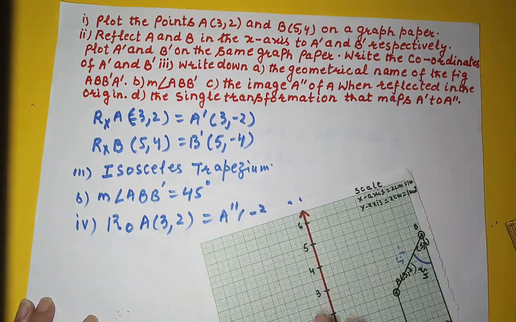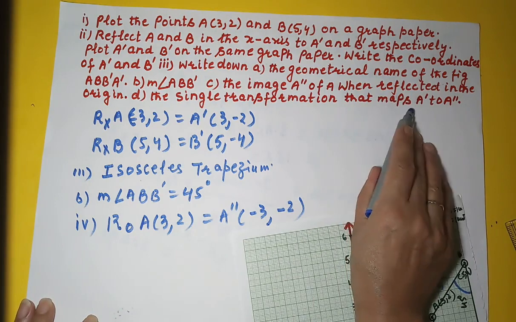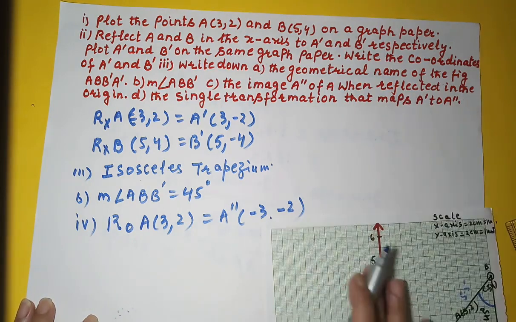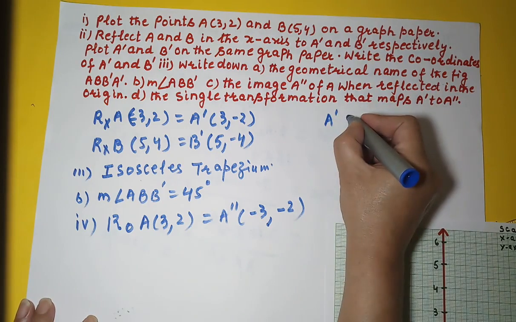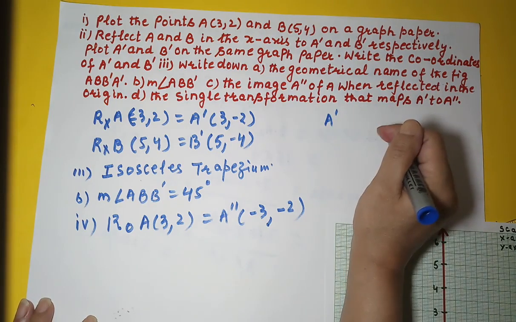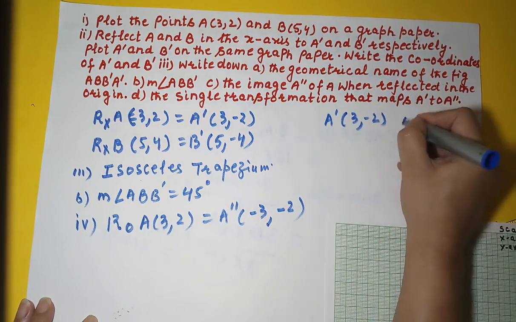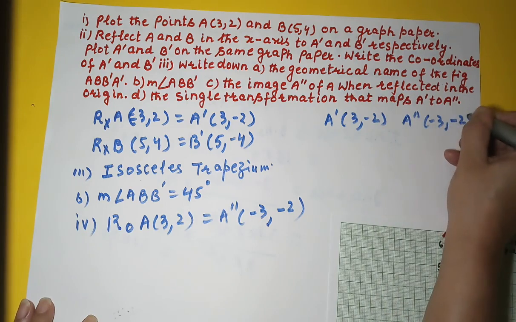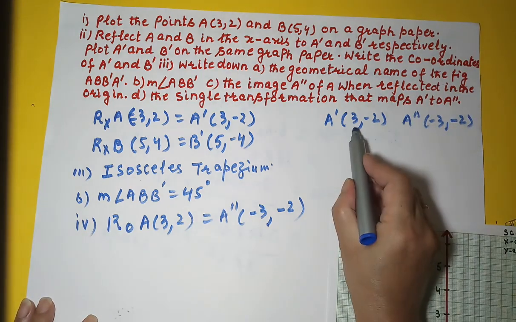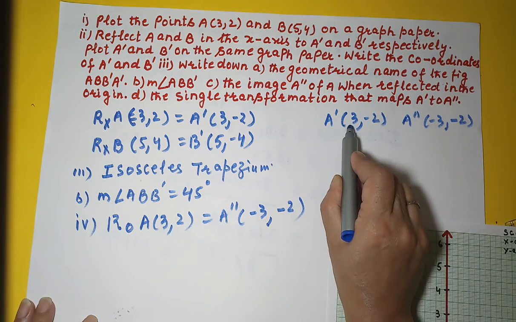Right? Now he is saying to find the single transformation that maps A dash to A double dash. Okay, let's write A dash here. What are the coordinates of A dash? Coordinates of A dash are 3 and minus 2. What are the coordinates of A double dash? Minus 3 and minus 2. Right? So, the sign of which coordinate has changed? The sign of the x coordinate has changed.